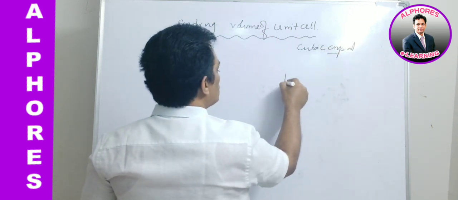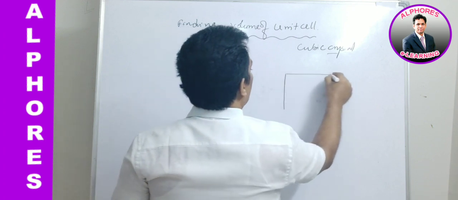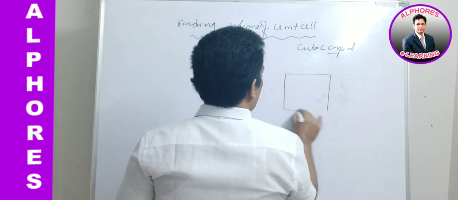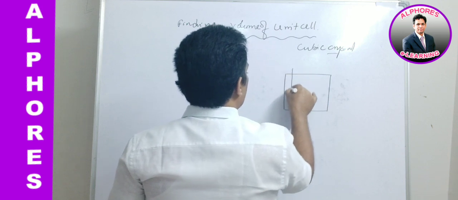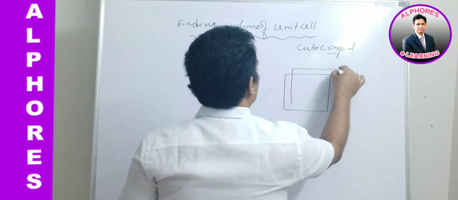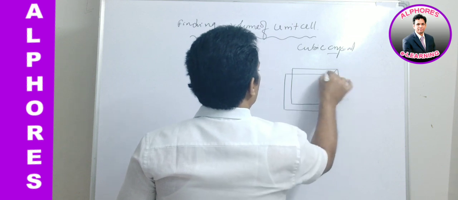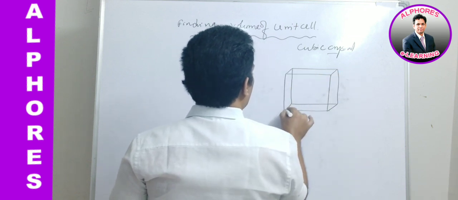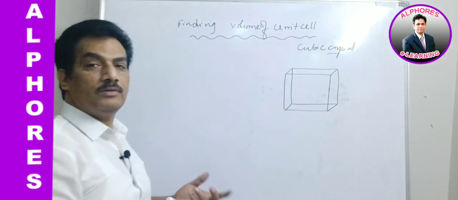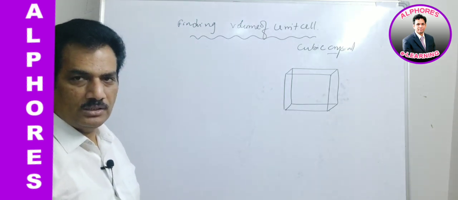Cube means, already we know the previous parameters for cube: a is equal to b is equal to c, and thereafter alpha is equal to beta is equal to gamma is equal to 90. That is the cubic condition, is it not?